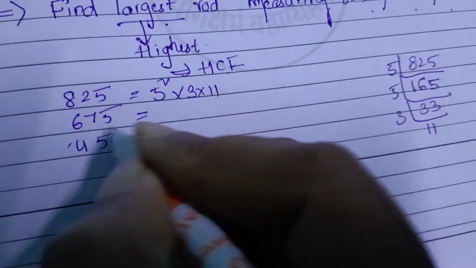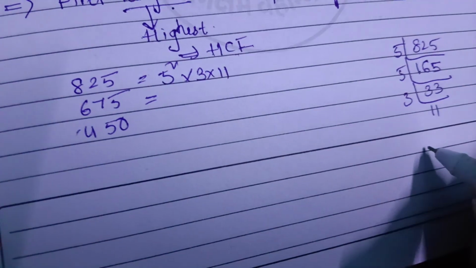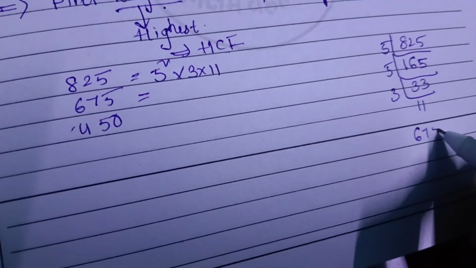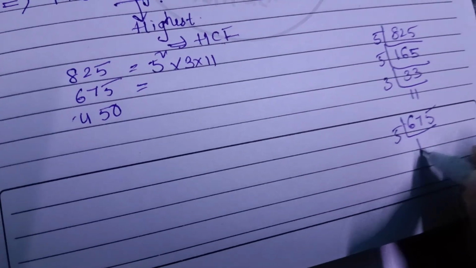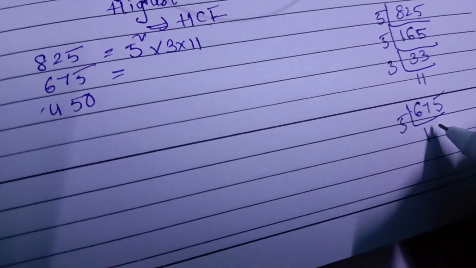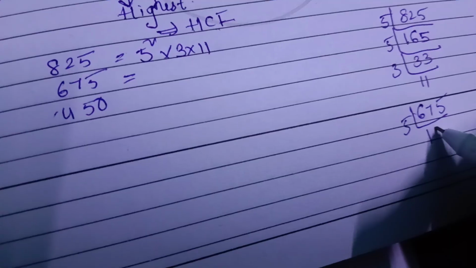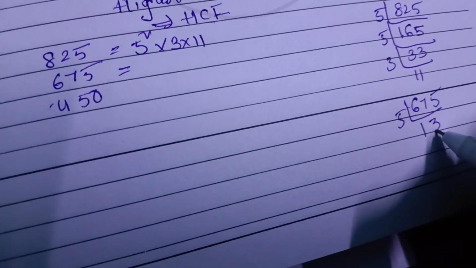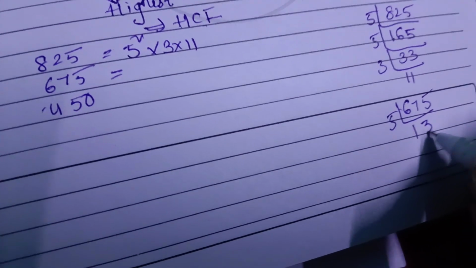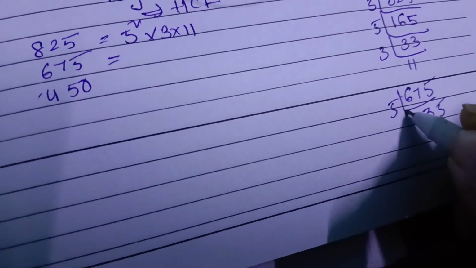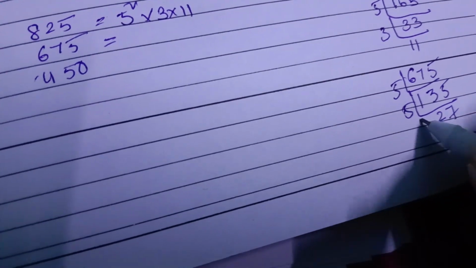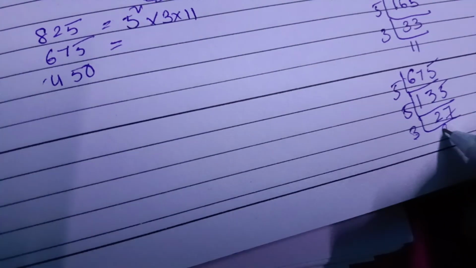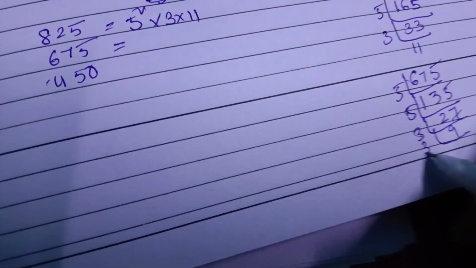I think you should know this. 675: 5 3s are 15, 5 5s are 25, 5 3s are 15, 3 3s are 9, 3 3s. So 3 cube into 5 square.